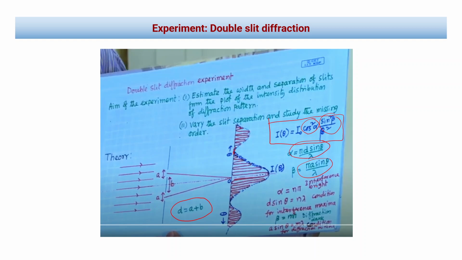Okay, so for interference bright fringe we have this condition, for diffraction minima we have this condition, and when both the conditions are satisfied, those particular fringes go missing.